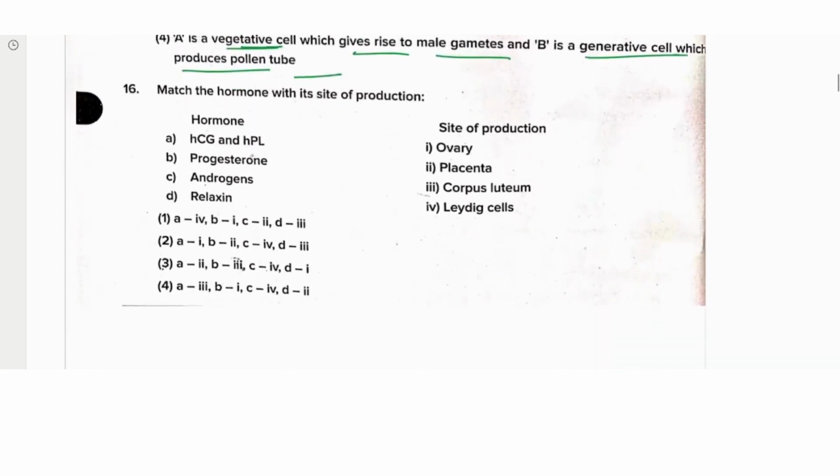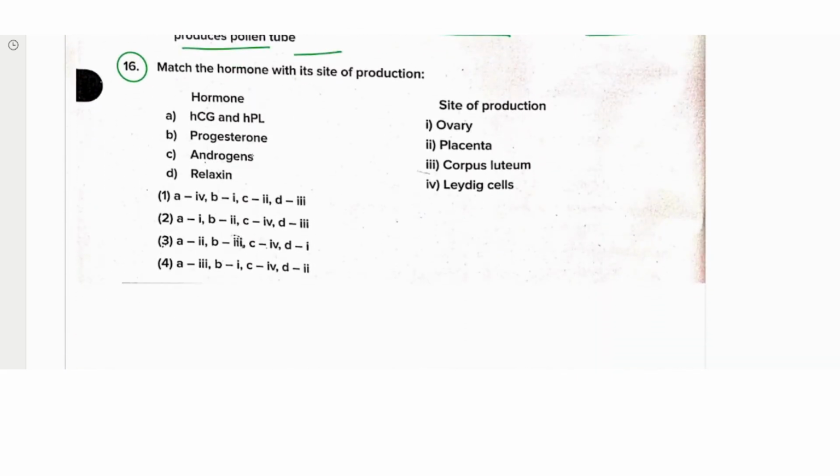Next, question number 16 is match the following: match the hormone with its site of production. Here we have HCG, HPL, progesterone, androgen and relaxin. It is a simple basic question from human physiology: progesterone is synthesized from the corpus luteum, so that is B. Androgen is from Leydig cells, C4, and B3.